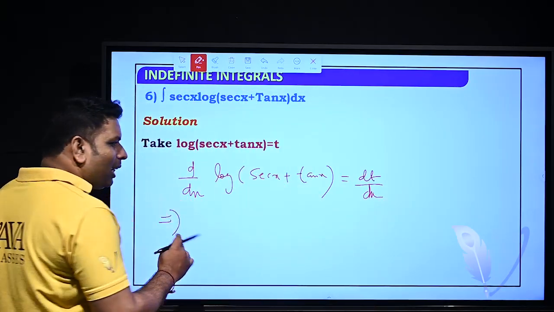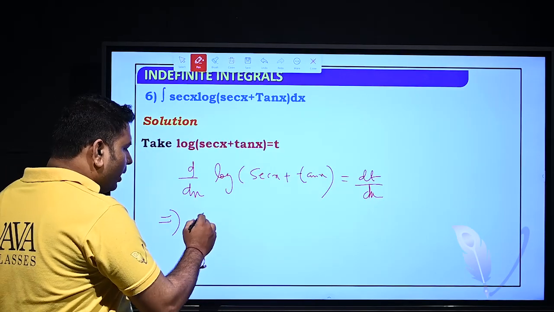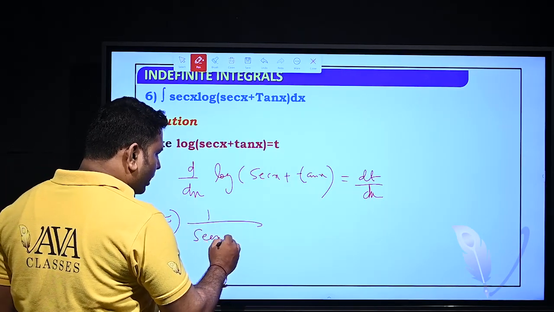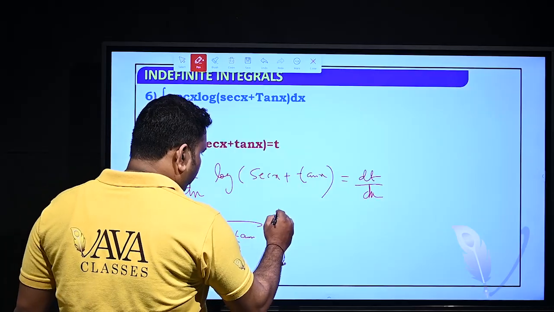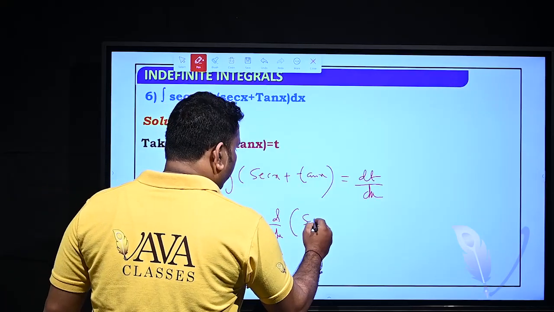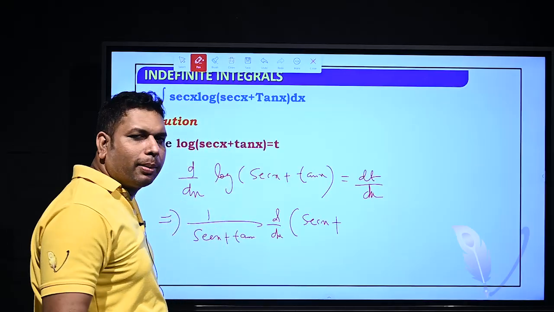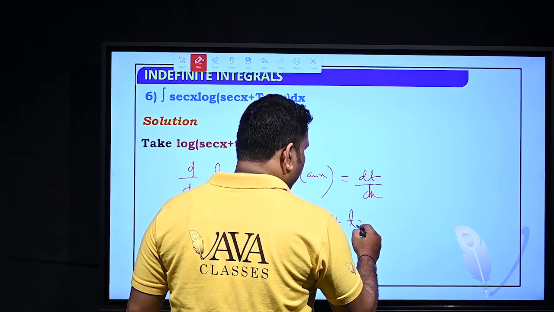That implies the derivative of log is 1 by (sec x plus tan x) into d by dx of (sec x plus tan x) equal to dt by dx.